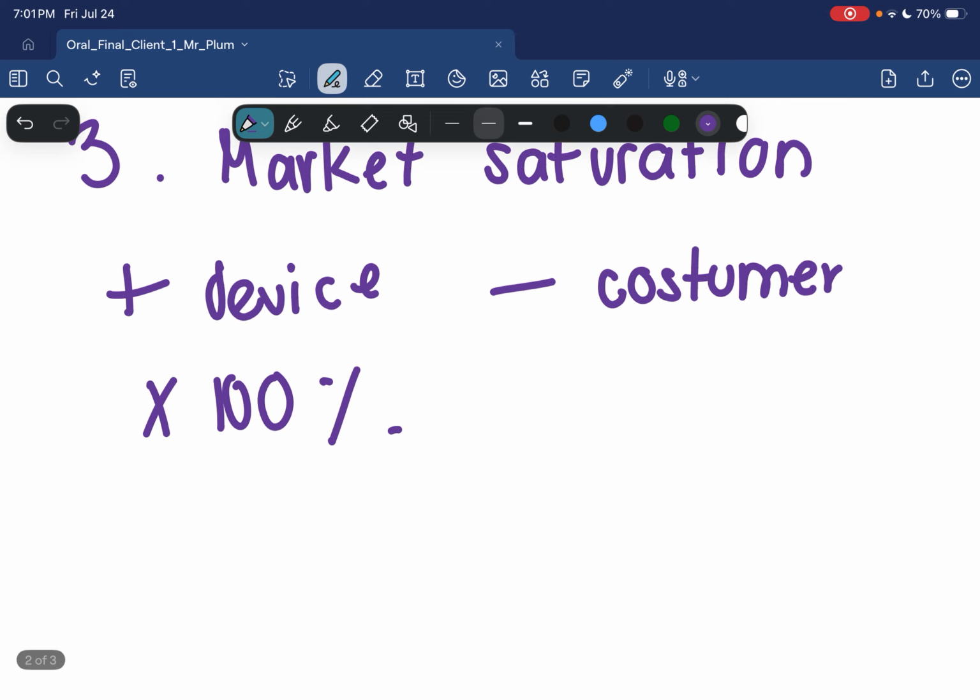So as more people own the devices, as the ownership increases, the growth usually begins to slow.